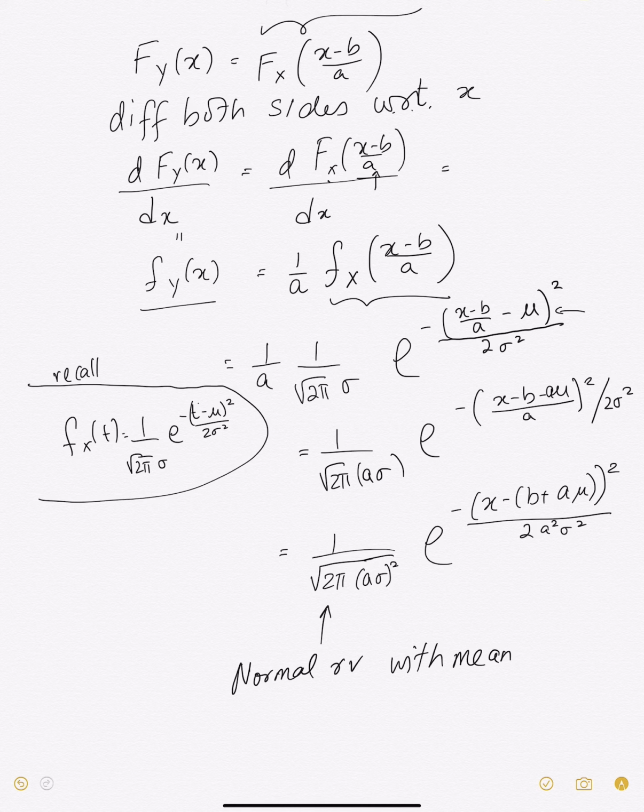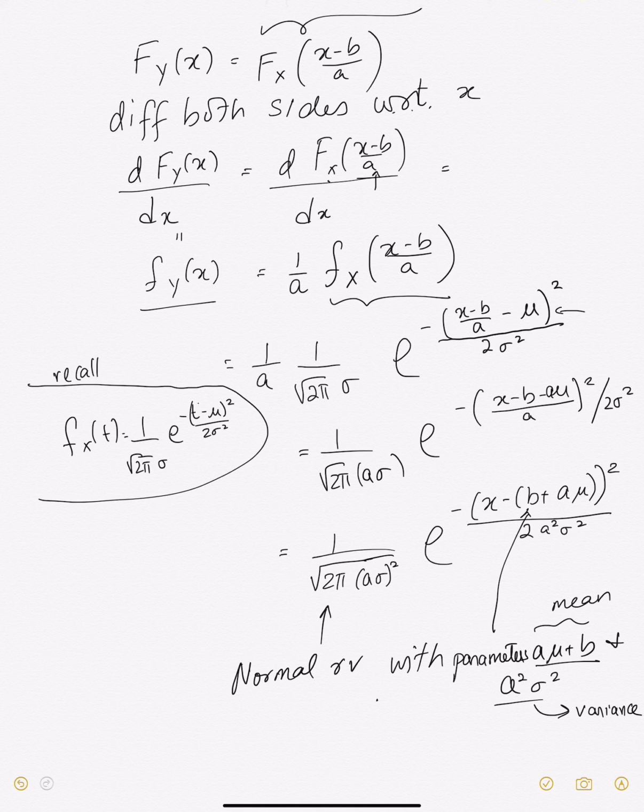It has the mean given in that bracket: a mu plus b, and variance, or actually, sorry, once again I'm jumping to mean and variance, I should say parameters: a mu plus b and a squared sigma squared. These do turn out to be the mean and the variance.